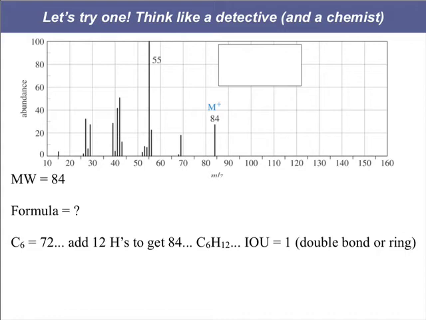If you don't remember index of unsaturation, go back and look at the alkene chapter, and it talks about how you can figure out the existence of double bonds or triple bonds or rings by applying a formula to the ratios of carbons and hydrogens. C6H12 gets you an IOU of 1, which means that we've got one double bond or one ring.